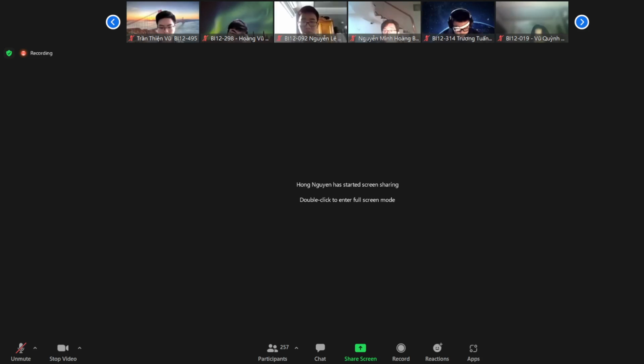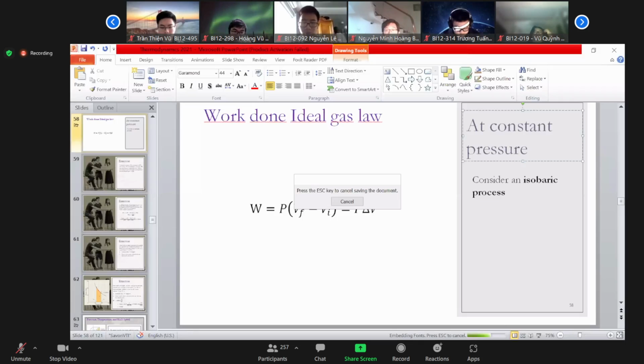At constant pressure, if we replace it into the general formula, the integral, we can take the pressure out of the integral, right? So the work done by an ideal gas is simply the product of the pressure and the change in volume.